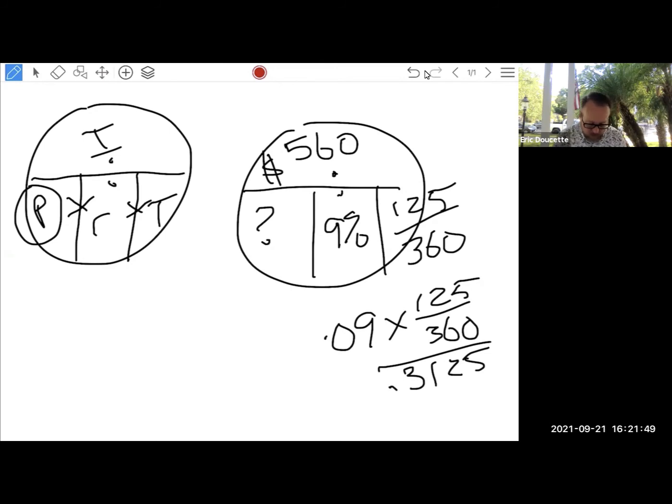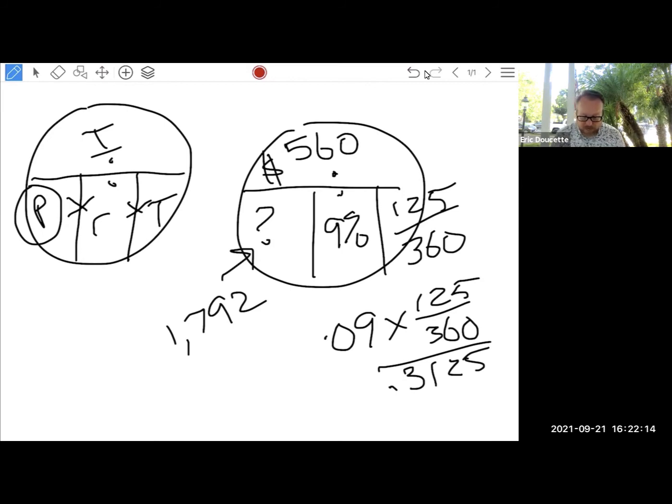And that gives me $1,792. That is my principal. So on this particular thing, the interest was 560. Calculate the amount of principal of the loan. So the principal of the loan was $1,792, and I paid $560 of interest after 125 days. So that's the answer to that problem.